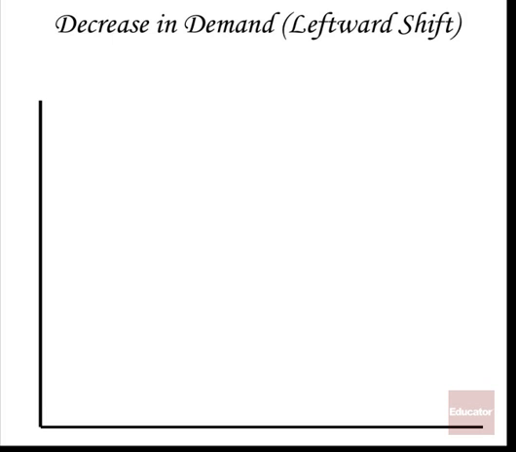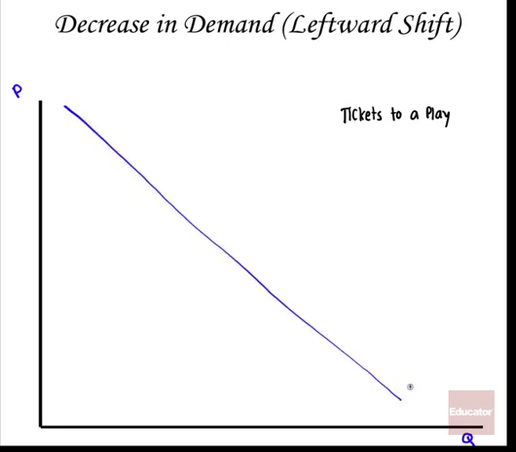There's a decrease in demand. Let's say this is a decrease in demand for tickets to a play. On the x-axis would be the quantity once again. The y-axis would be the price. And you draw a downward sloping demand curve.